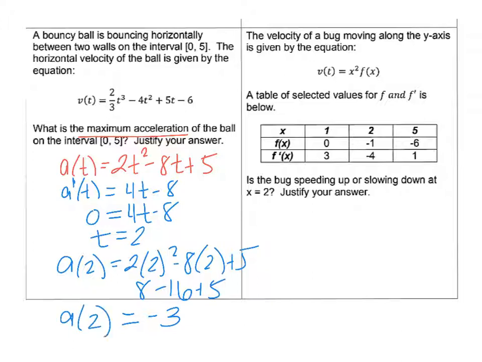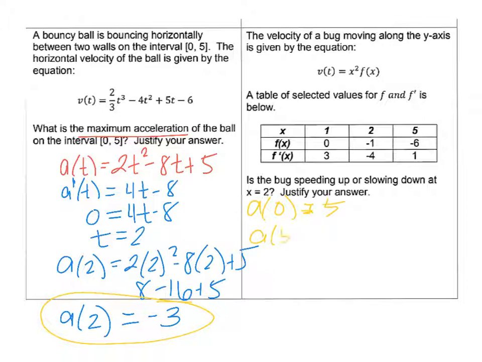Now, when I'm testing for absolute max or min, I also have to test the endpoints, right? So I know at the critical point, a of 2 equals negative 3. At the endpoints, which were from 0 to 5, a of 0 is going to be just 5, because everything else is going to cancel.